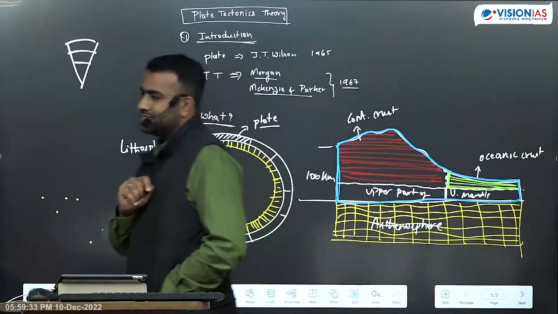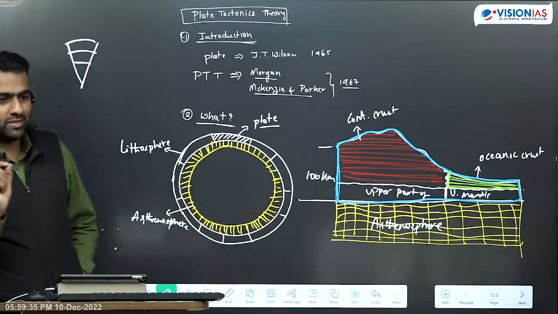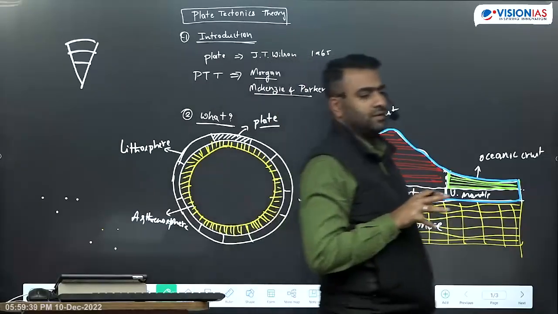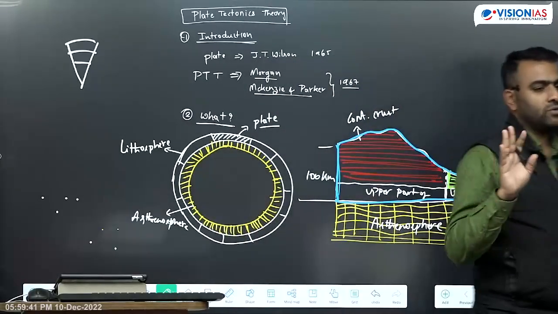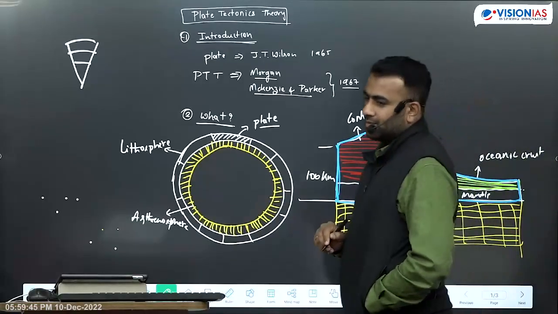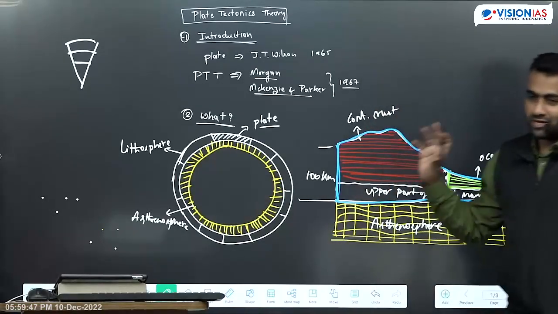The second important difference is that Alfred Wegener assumed that when the continental crust moves over the oceanic crust, it causes no resistance at all. It moves very freely. वही major गलती था. These are rocks which are very hard and rigid.